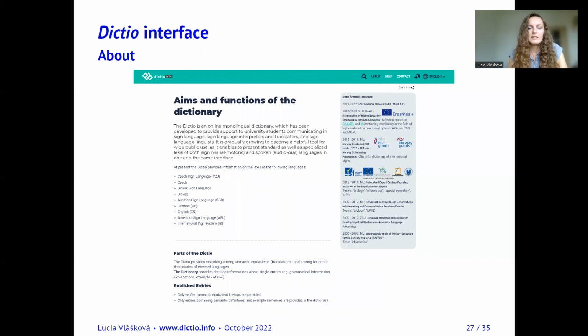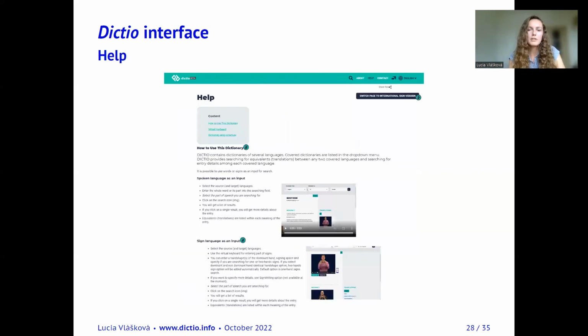This concluded the bilingual search of sign language dictionaries. Let me just quickly say that we also have general information about the dictionary in the About page. We also have a help page with a complete manual on how to search for specific signs and how to search in specific situations.